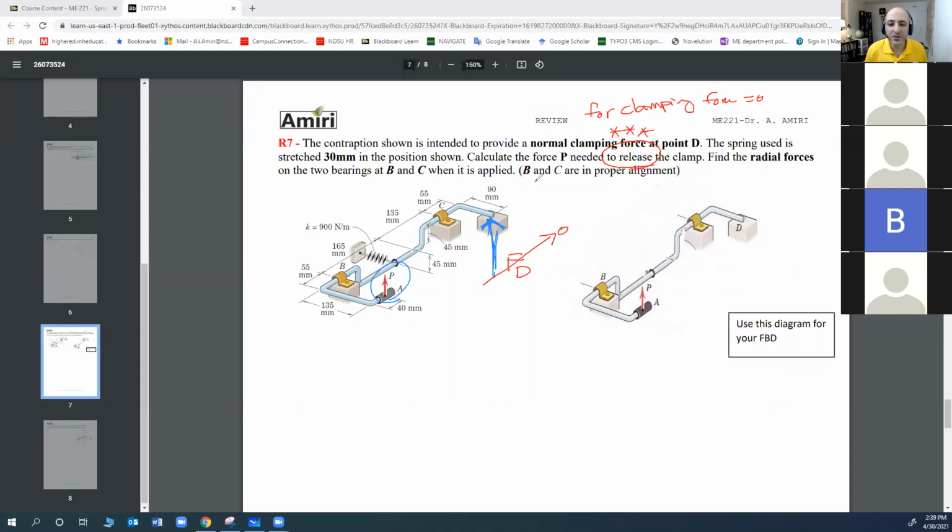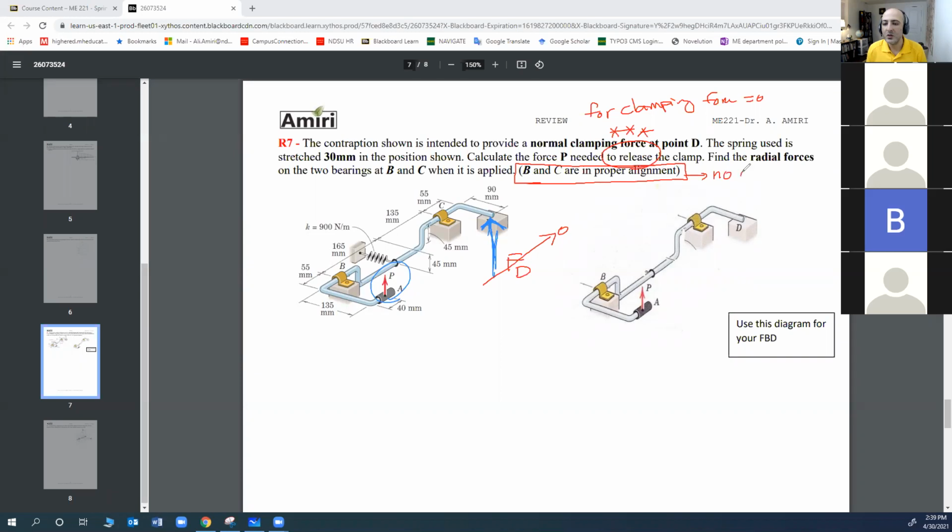Another important piece of information is, it says radial forces on the two bearings at B and C, and B and C are in proper alignment. Let's see who remembers what that means for us. What does proper alignment mean? Proper alignment means there is no unbalanced what on them. So let's go step by step.